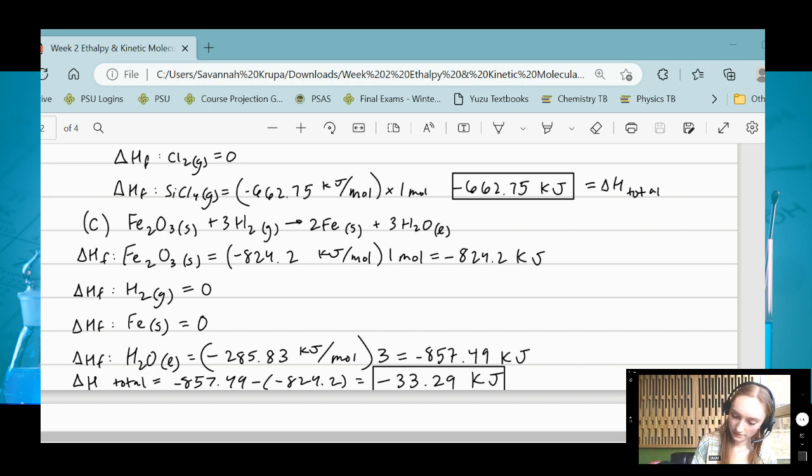So we will have negative 857.49 of the water minus the negative 824.2. That is going to be a plus because of the 2 negatives. And so we will get a final enthalpy value of negative 33.29 kilojoules. So that is the answer here.